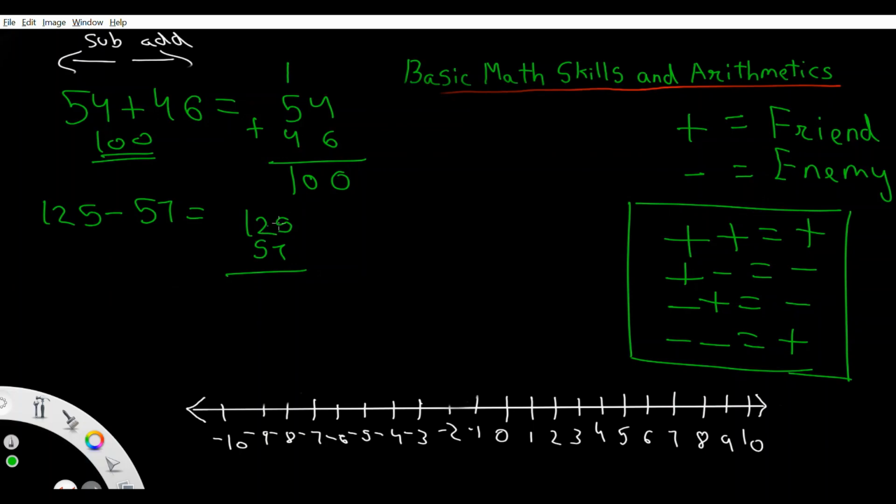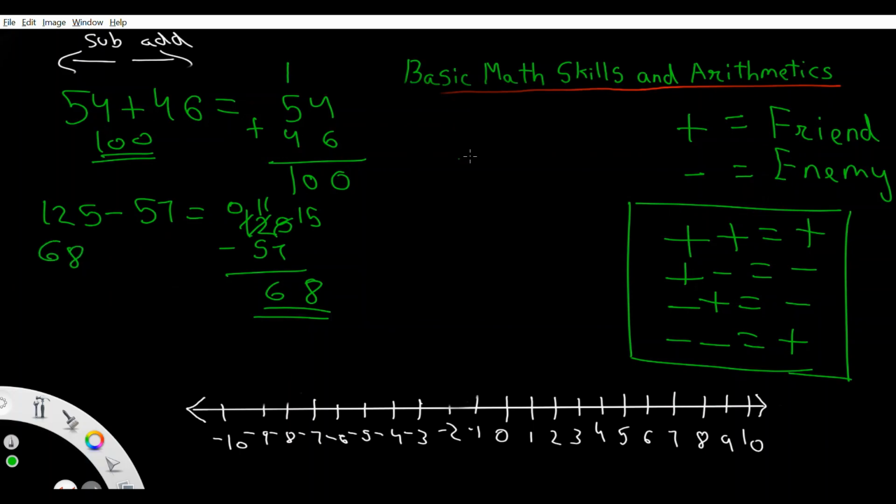So what you do is you carry 1 from here to make this 15, and 15 take away 7 is 8. Now again, 1 take away 5 is a negative value. So what you do is you carry this 1 to make it 0 and make this 11, and 11 take away 5 is 6. So 125 take away 57 is 68.